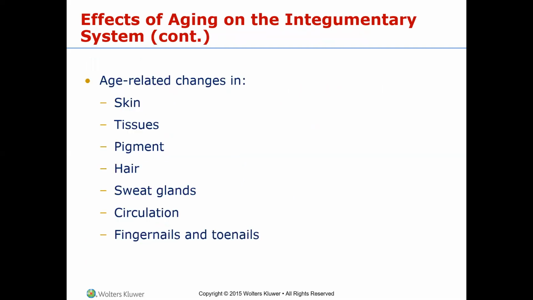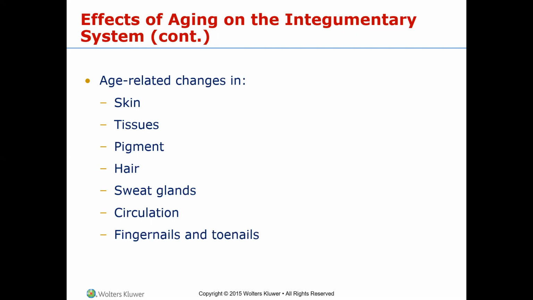And then with age, these are some of the changes that occur. The skin becomes thinner, so that dermal layer is not as thick. And then, of course, the loose connective tissue is such that it is not as full and thick.